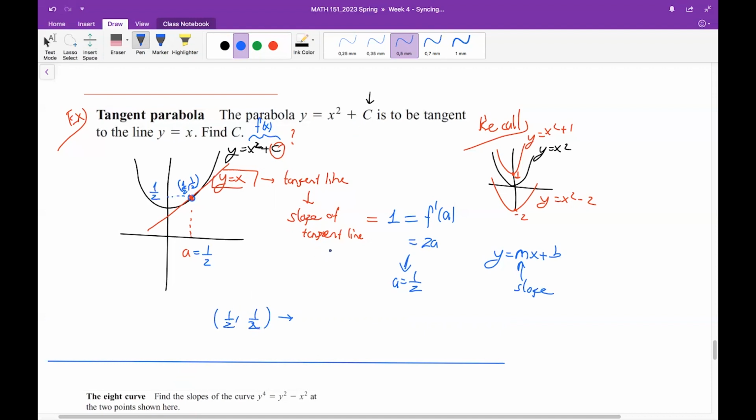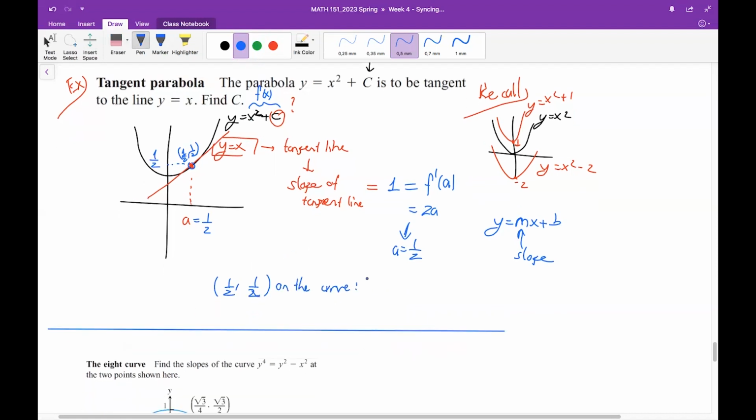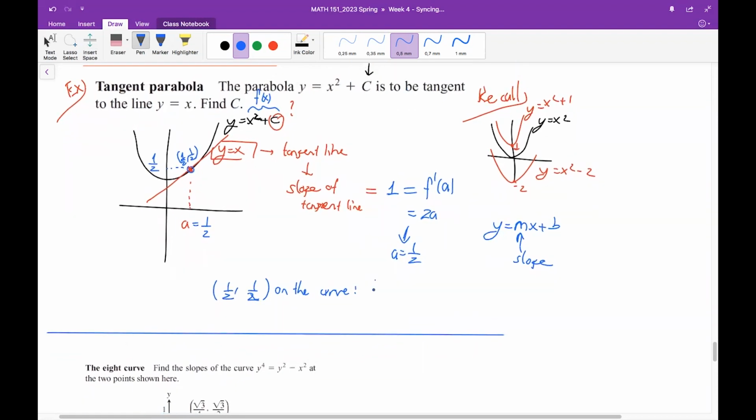It should satisfy the equation of your curve, right? I will insert y equals 1/2, x equals 1/2. So from this equation, you can easily solve for c as 1/4. That's the result.